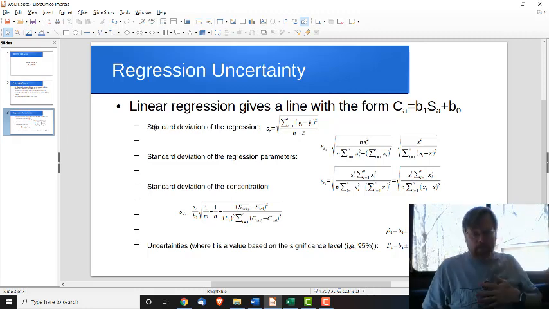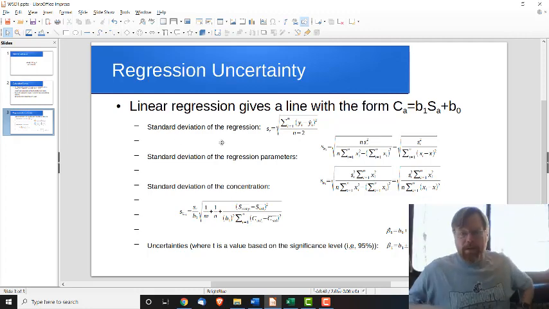And the textbook has these formulas kind of scattered all through one section with a lot of stuff in between to make it a little hard to pick out. I've got these collected nicely in one spot here for you.